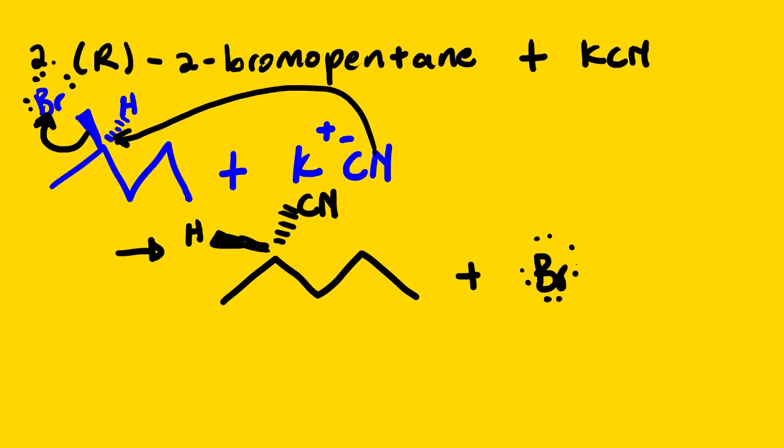This bond pair of electrons will leave with bromine with a negative charge, forming a halide ion. It will react with this potassium. So we are going to have potassium here. Then we can just remove this negative charge here.